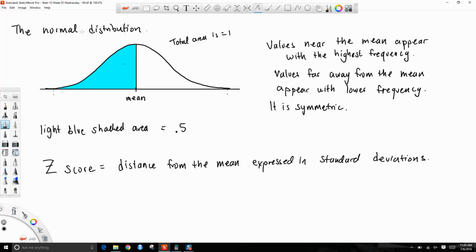Okay, so what is the z-score of the mean? Yeah, the z-score of the mean is 0.